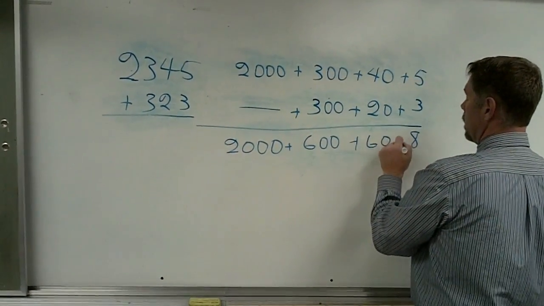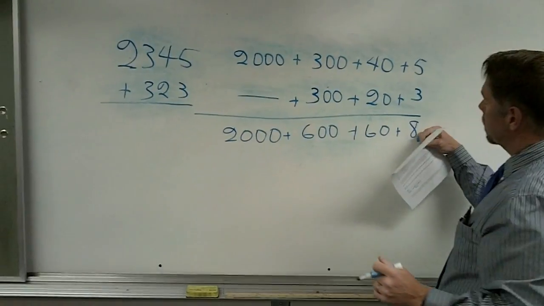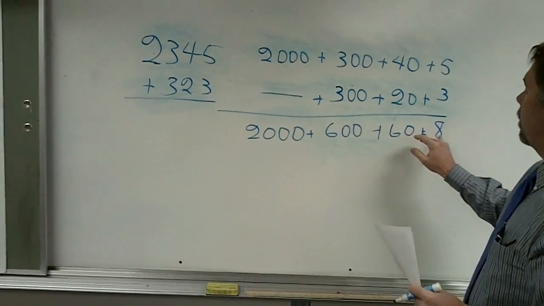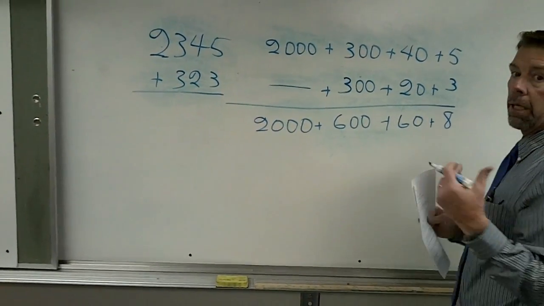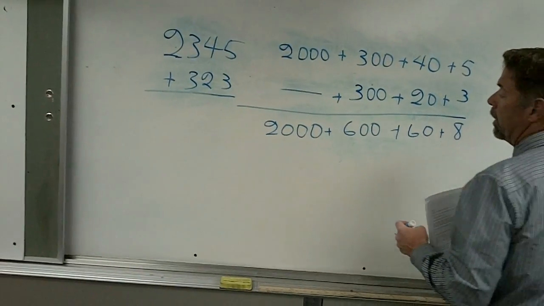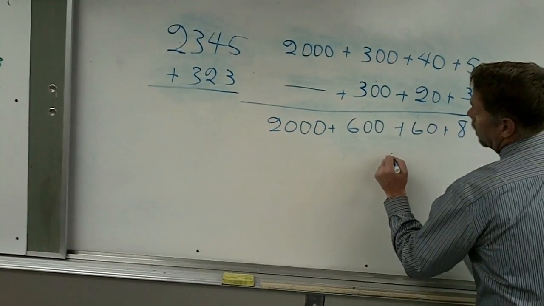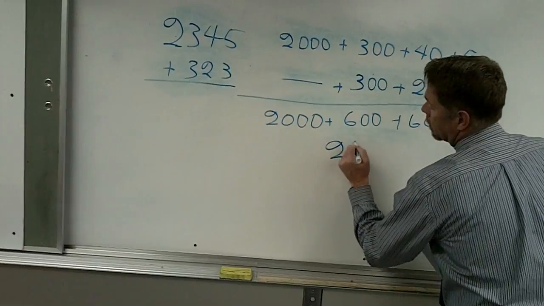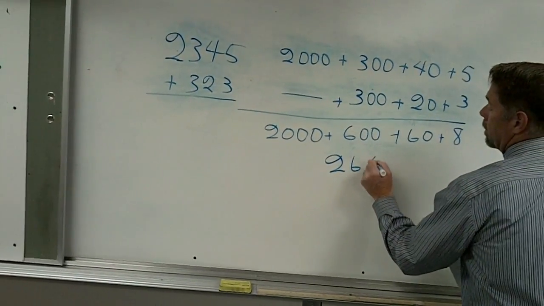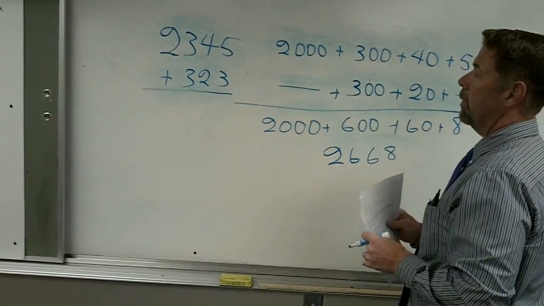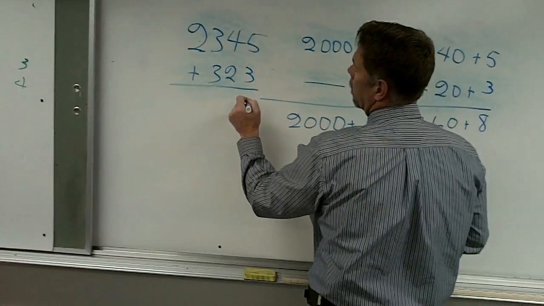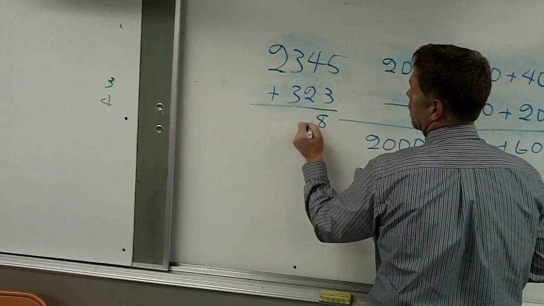If you put all this back together and slide the 8 over the 0 and slide those 2 over those zeros, just like in the presentation at the beginning of this video, we come up with 2,668. If we do the addition over here, we'll see the same thing.